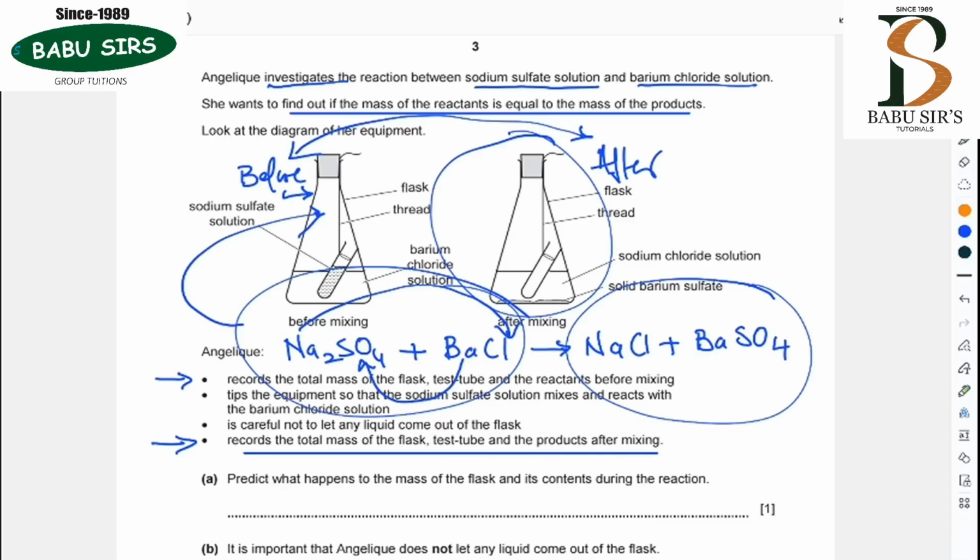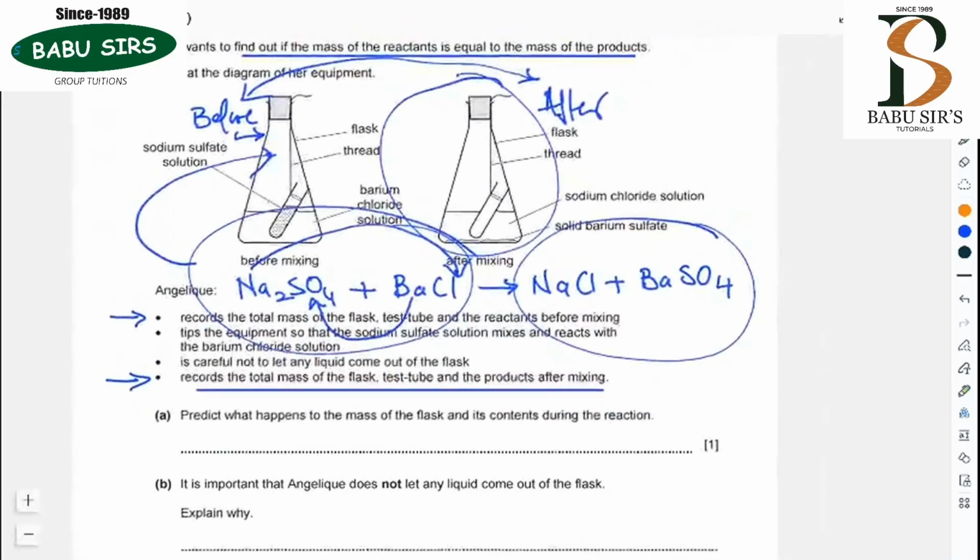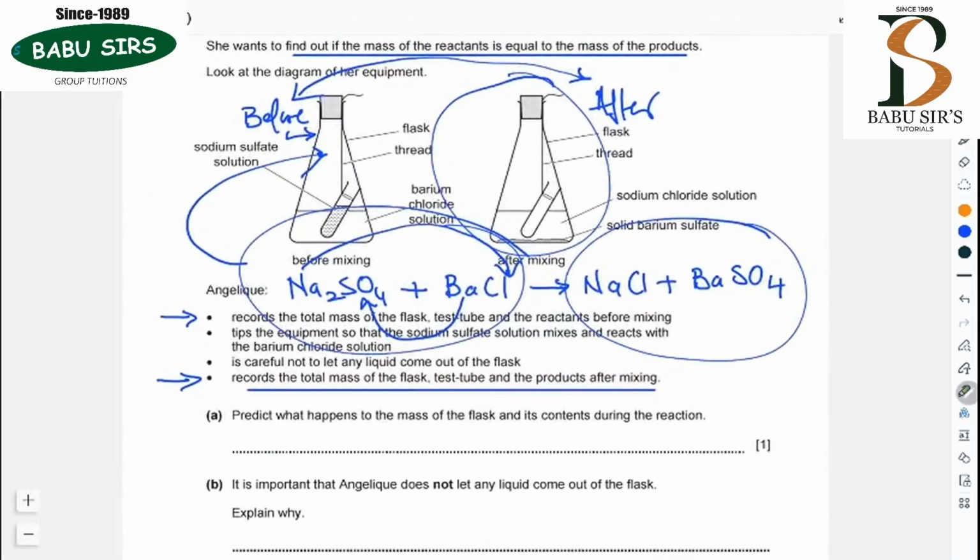So that is what we have to check, but as we know the masses will be the same. So first question is predict what happens to the mass. It is very simple: the mass does not change.